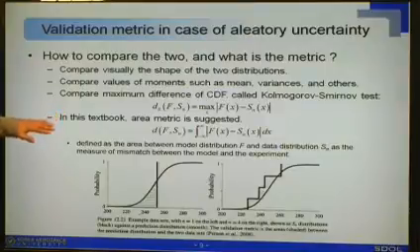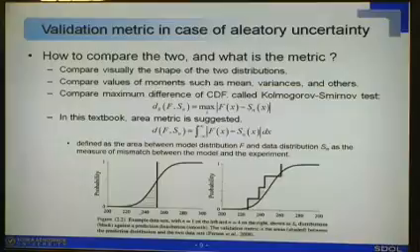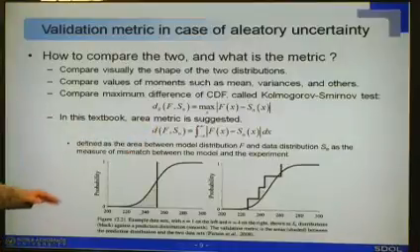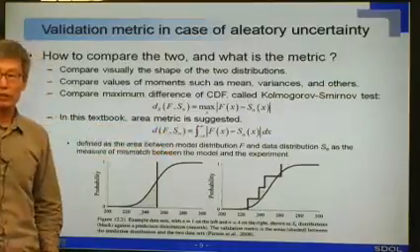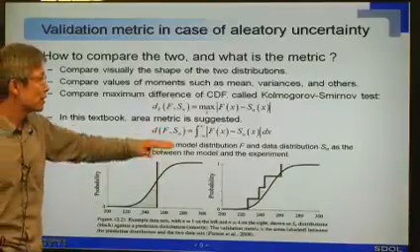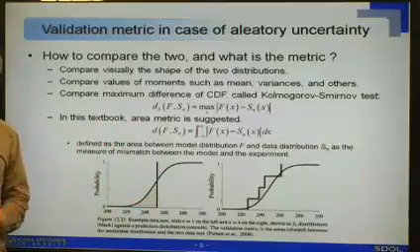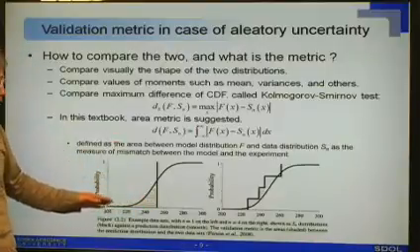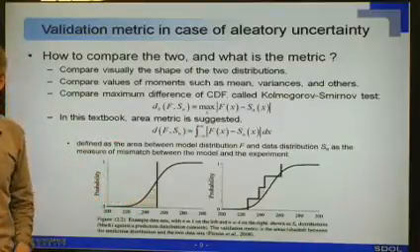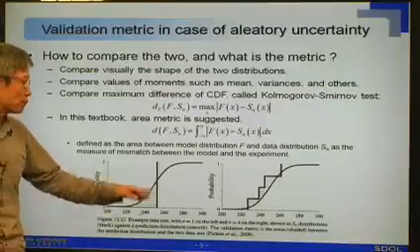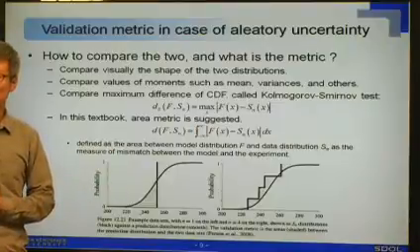But the textbook introduces his own way for comparison, for validation, which is the area metric. And the metric is given by this equation. But it is much easier to understand the meaning by looking at the figures. This is nothing but the shaded area that represents the difference between the two CDFs, one from the empirical, the other from the model.